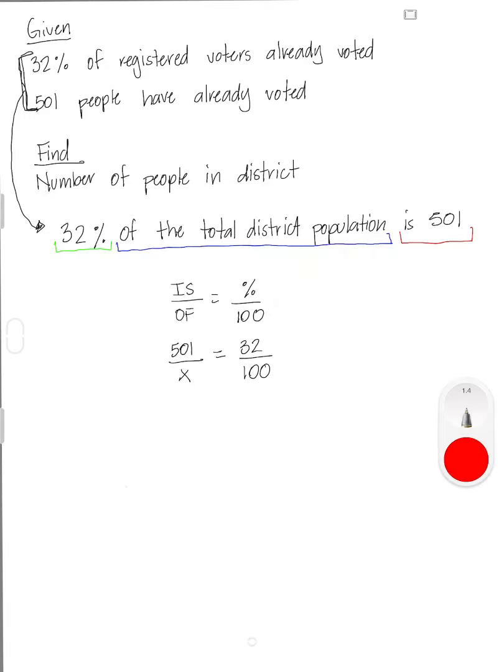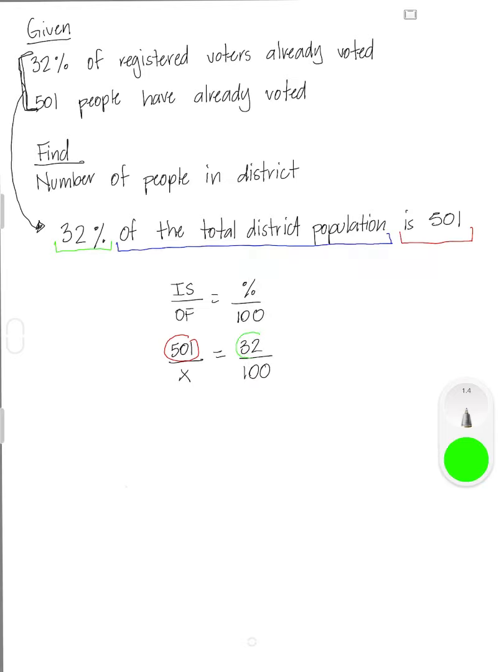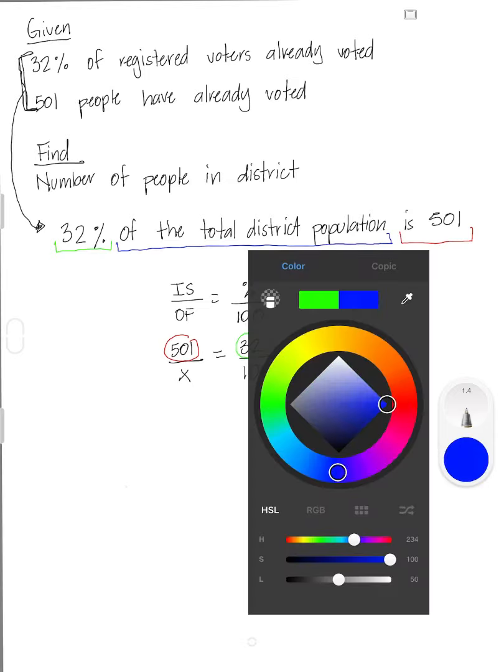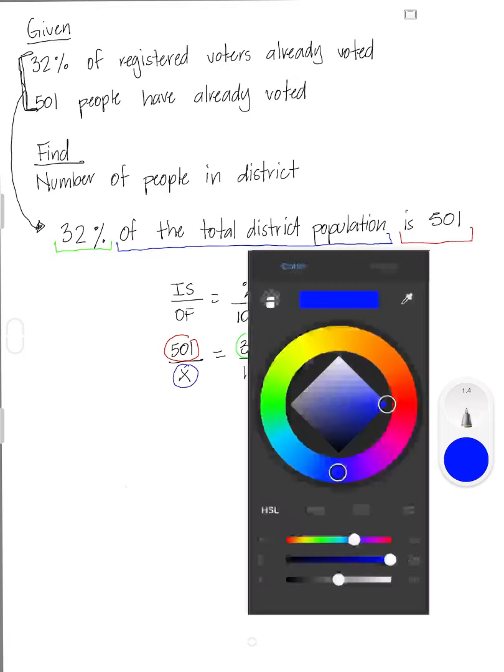So again, we have 501, that is the is, right? We have 32, which is a percent, and then we have x, which is of, right? We don't know what the total district population is, right? So we don't know what is the 32% of what number. So we use a variable to represent that.